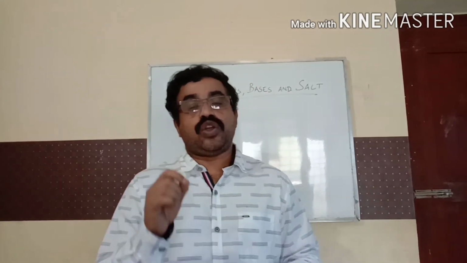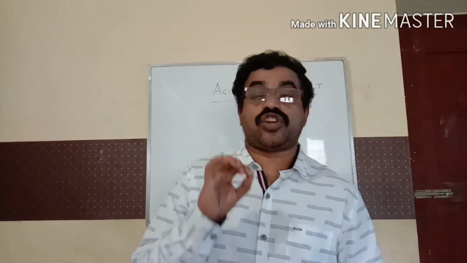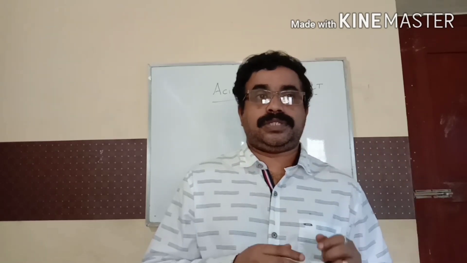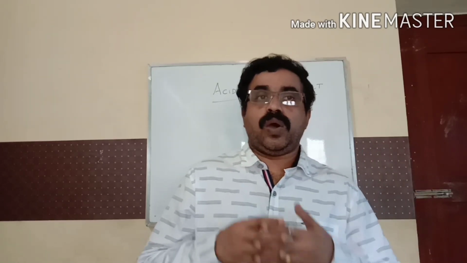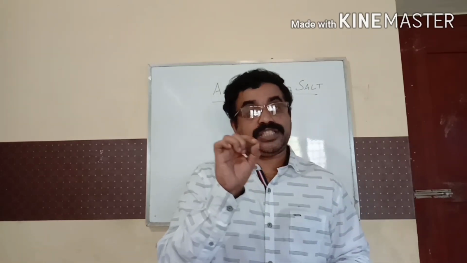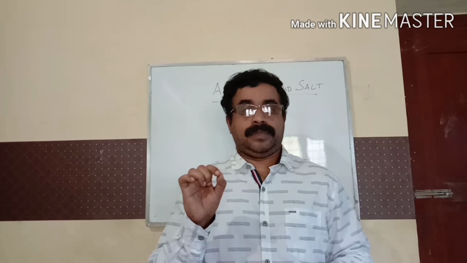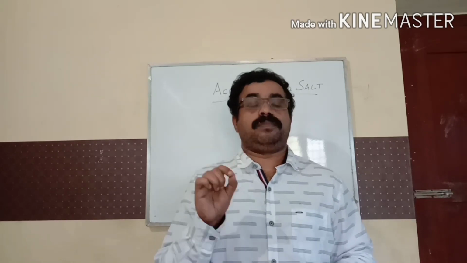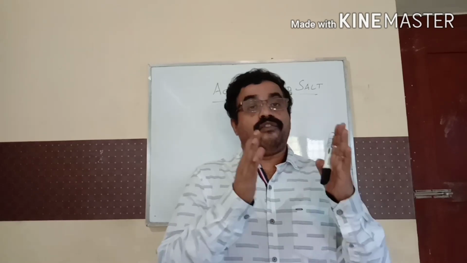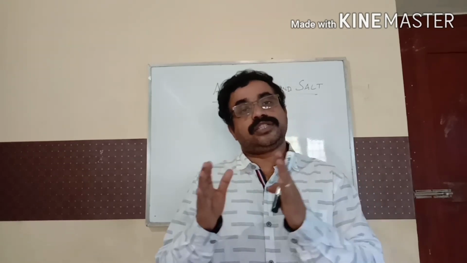It reacts with sodium hydroxide, which is a strong base, to form sodium acetate, CH3COONa, plus water. So here CH3COONa is a basic salt because it is obtained by the combination of a weak acid and a strong base.